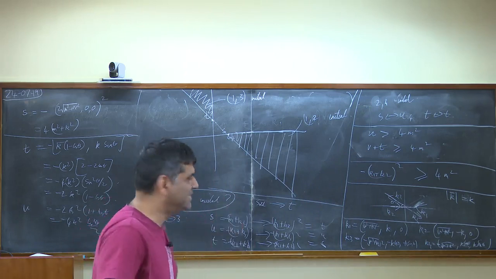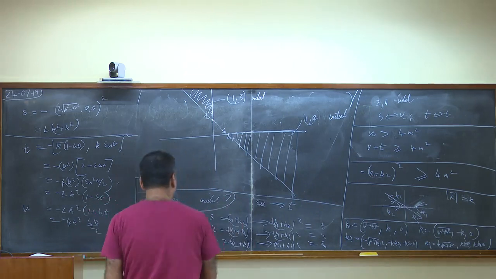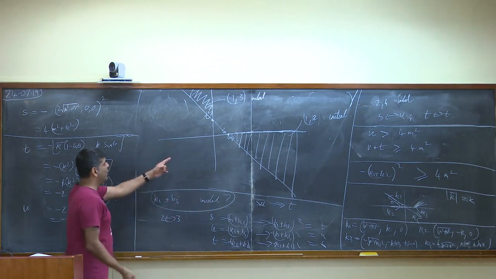These are the two bounding lines. But now we've got this plot on the ST plane.